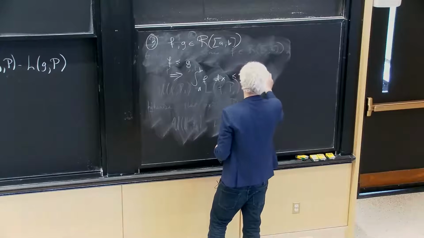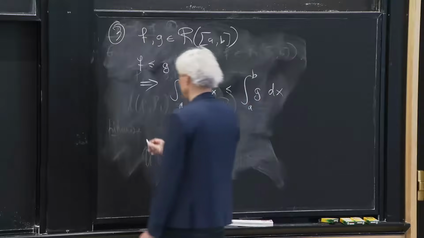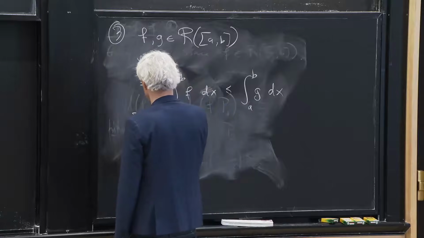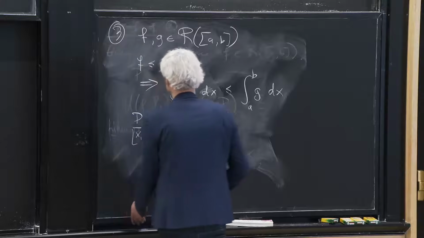And I won't prove this. In a way, maybe I'll just say words, right? If you take a partition, then of course you're looking at some x_{i-1} and x_i, some interval like this.